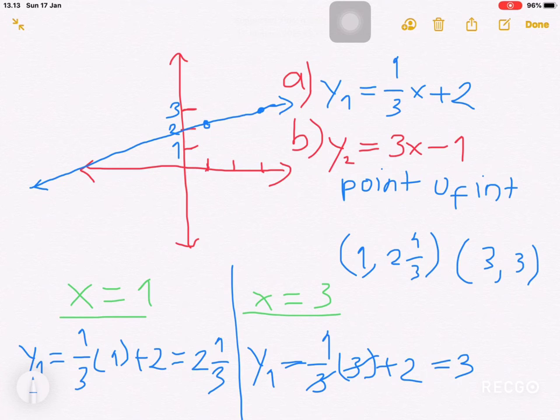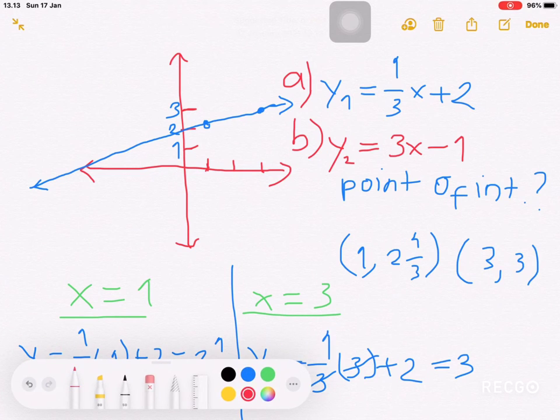So what this means is we need to find a certain point right here on this line which intersects y2. So we need to find a point where y2 intersects y1 or vice versa.